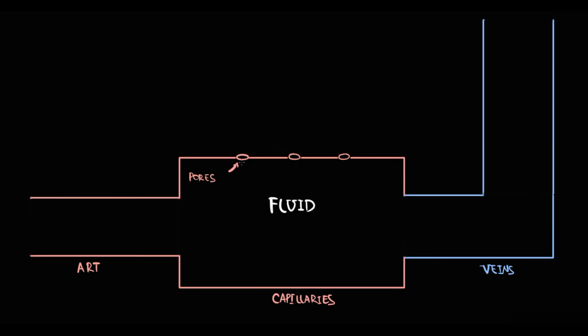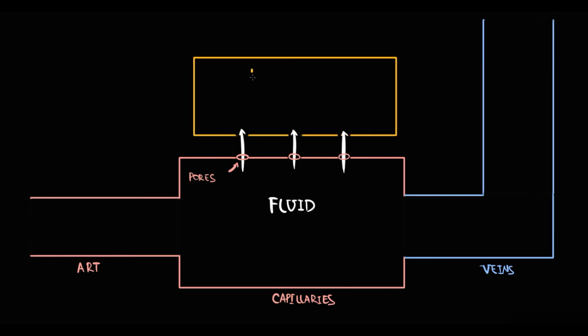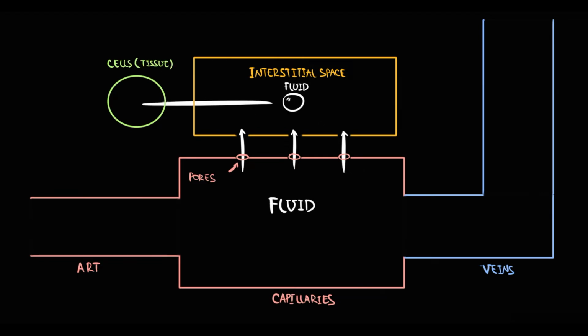Through these pores in capillaries, fluid with nutrients can enter the interstitial space. From the interstitium, cells that compose a particular tissue receive vital substances. But some portion of fluid usually remains in the interstitium, and then the lymphatic system drains the excess fluid from the interstitial space into the venous system.